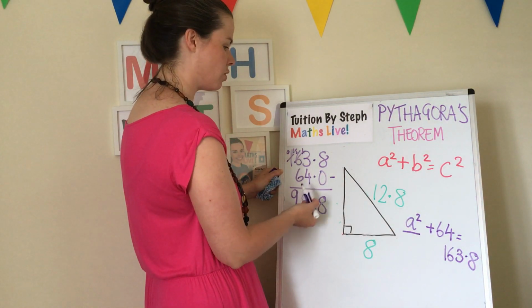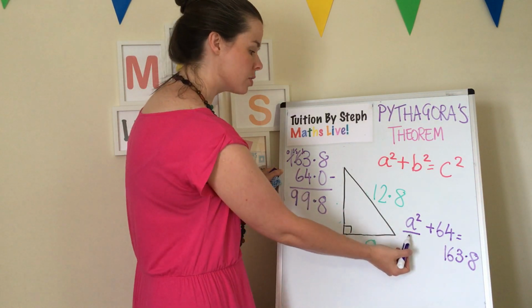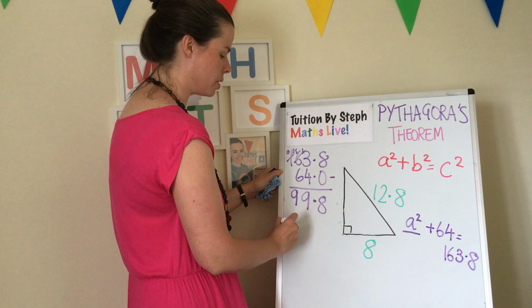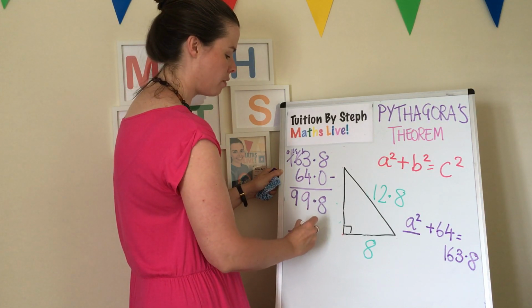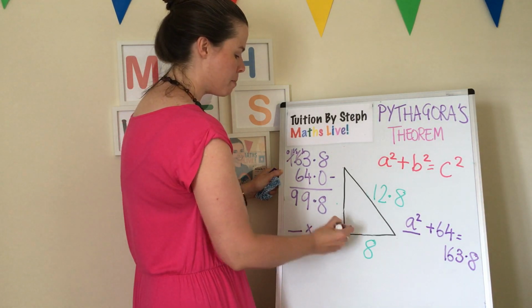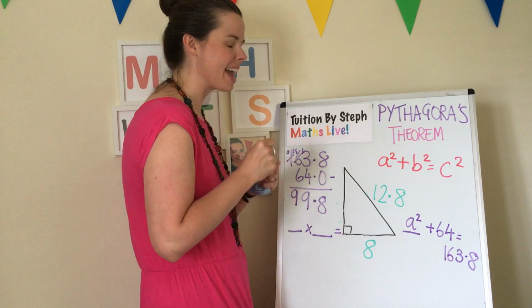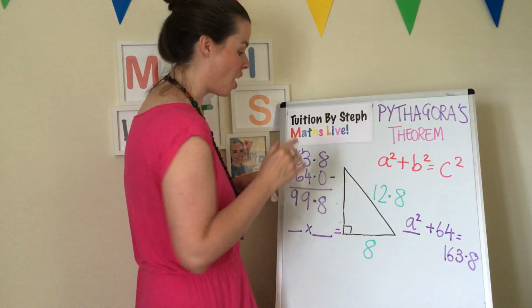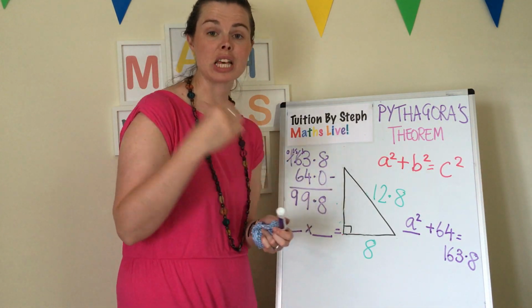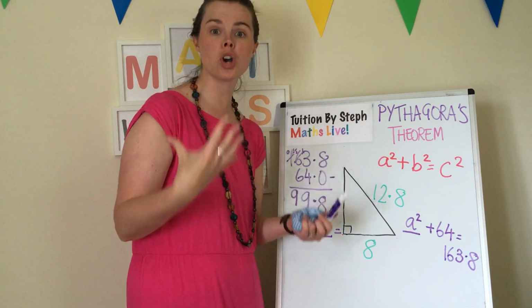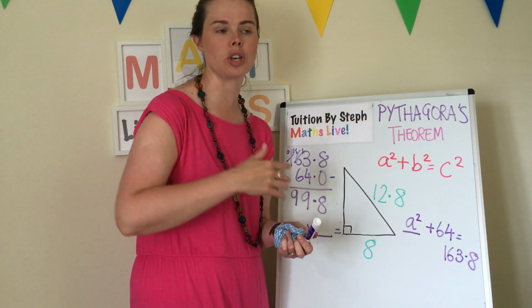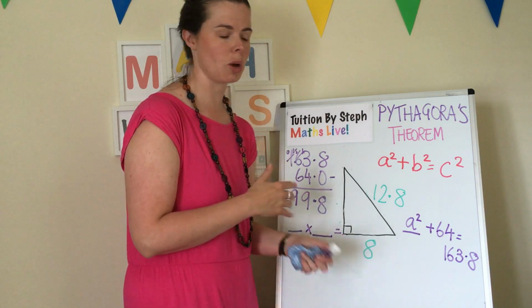So we now need to find the square root of A squared. What number times by itself makes 99.8? That is the challenge I'm going to give you for the end of this lesson, as well as putting a challenge worksheet up with this lesson when I put it onto the Facebook page, and it's also going to go onto YouTube.